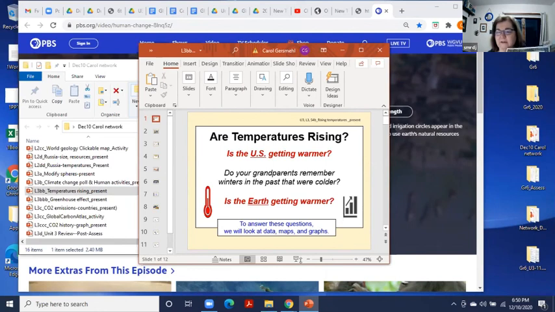I used to do it using our overhead and put it up on the screen, but it's basically showing students the change from prior any population or minimal population in an area of a river where it became very populated and how the river changed over time. It's a simple read, it's a simple example, but it falls in line with what we're talking about. And then we come to the present, which is even beyond the book.